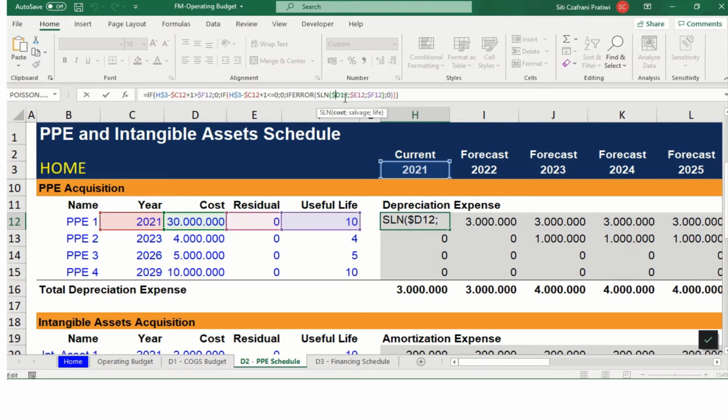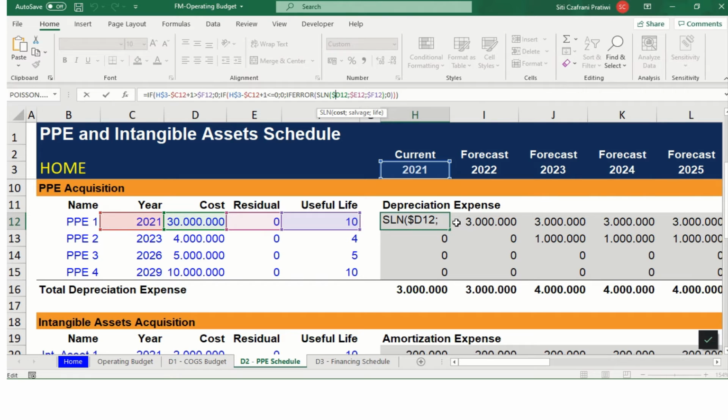It means that I want to lock the column here. I want to lock the column, but I want to make it flexible to drag vertically. You can drag it vertically, but it is not flexible to drag horizontally.